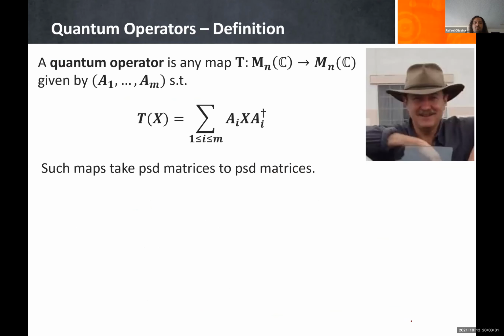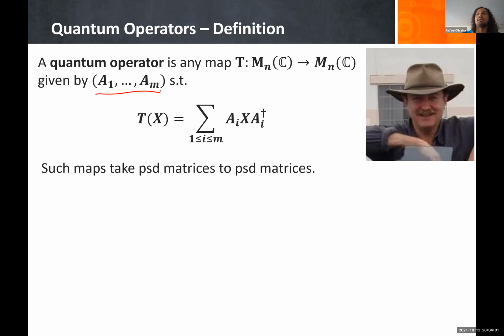All right. Gurvitz is a quantum guy, so he said, let's try to give this quantum approach to this question. It turns out that there are these quantum operators, okay? Quantum operators are maps that, in the simplest setting, map n by n complex matrices to n by n complex matrices, and it's exactly given by these tuples A1 up to AM.